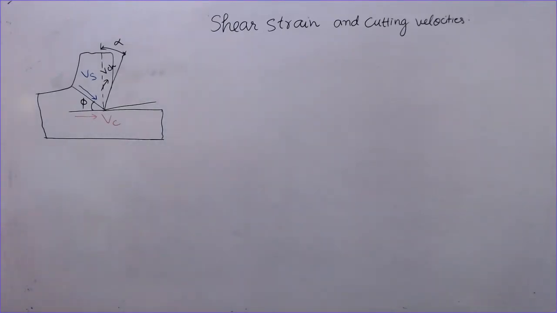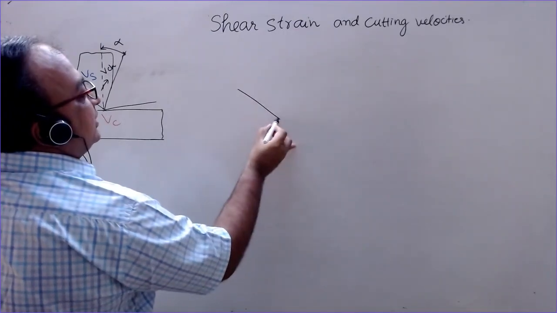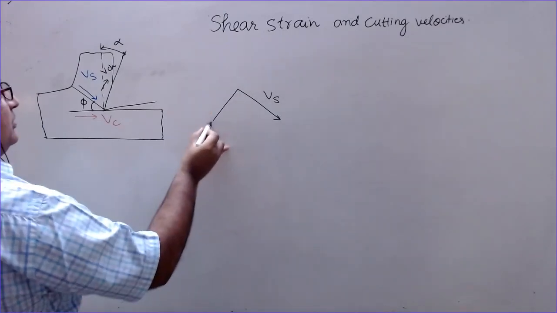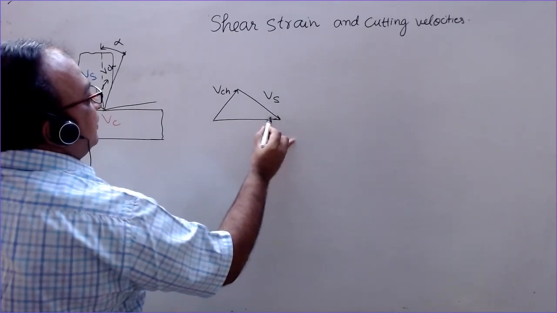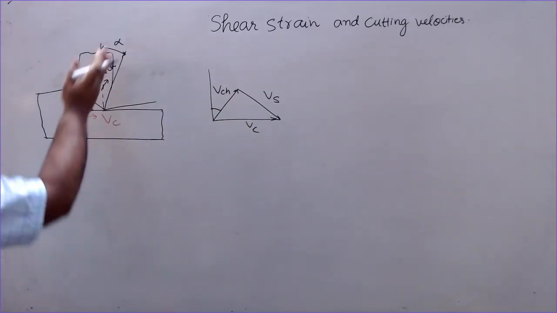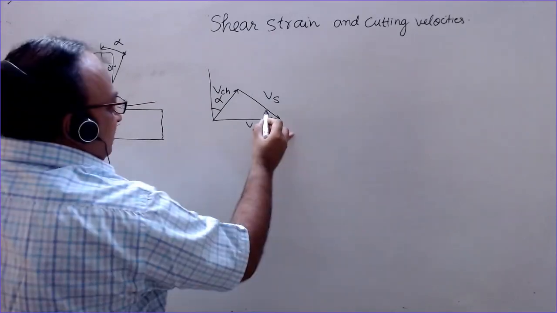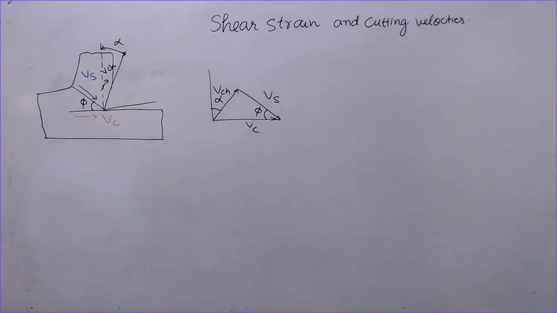Now we can show these velocities with a different diagram. The shear velocity is in this direction, Vs, the chip velocity is in this direction, V chip, and we have the cutting velocity in this direction. This is vertical. The chip flows along this rake surface, which makes an angle alpha with the vertical. The shear plane makes an angle phi with the horizontal, and the horizontal direction is the velocity of cutting.